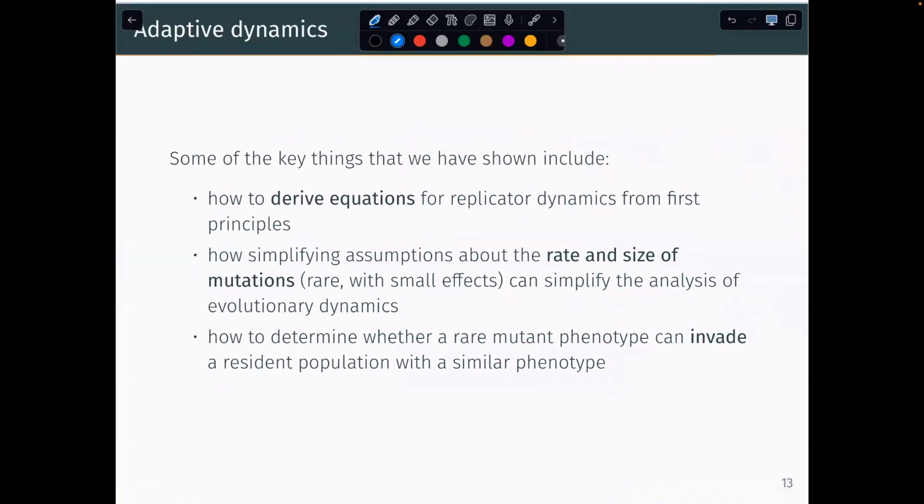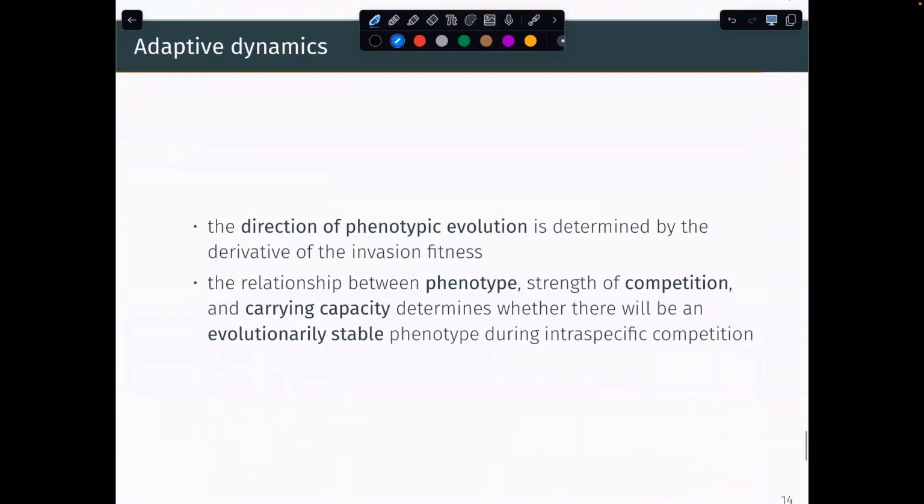Okay, we're pretty much at time, so I won't dwell on these too much. We've learned how to derive equations for our replicator dynamics from first principles. We've learned about this process of separating timescales and making assumptions about the mutations that allows us to simplify the process. Again, we're going to be coming back to all these things after the midterm. And we've learned how to determine whether a rare mutant can invade and what happens in the long term.